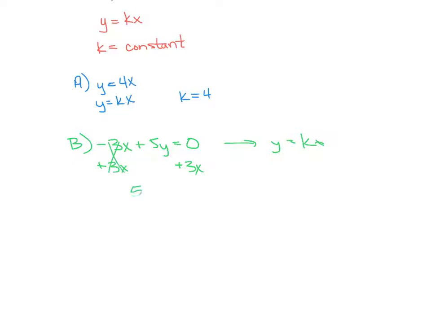Then we have 5y equals 3x. We have to divide by 5, and we get y equals 3/5 x. Now this is in y equals kx form, so our constant of variation, or our k, equals 3/5.